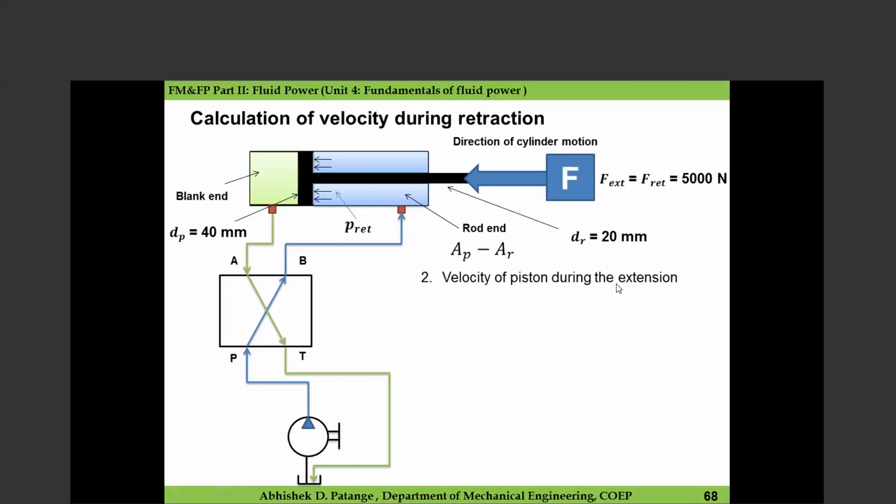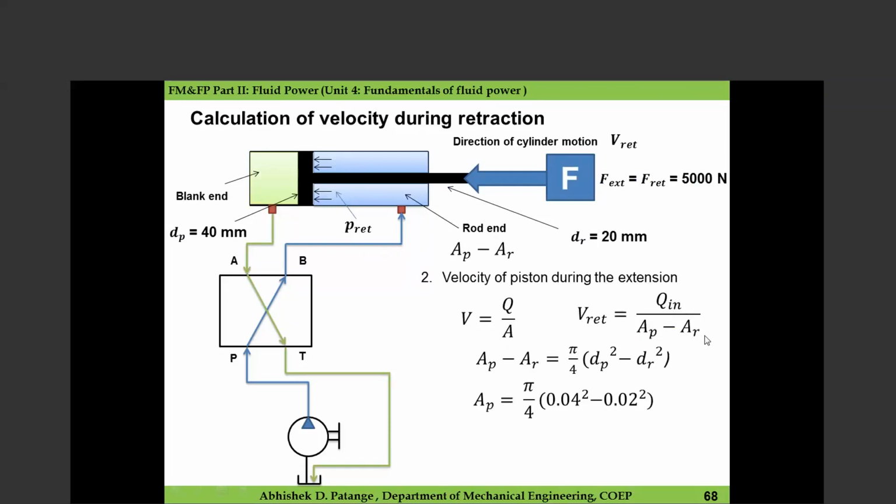So velocity of piston during the retraction, I have by mistake written extension, but this is for retraction. So for retraction, this V will be replaced by V retraction, U will be replaced by the Q in or QP, and the area will be replaced by area of piston minus area of connecting rod.